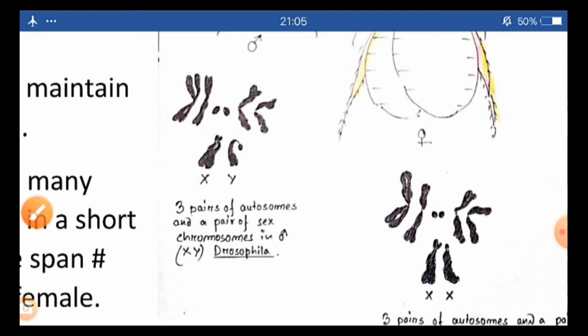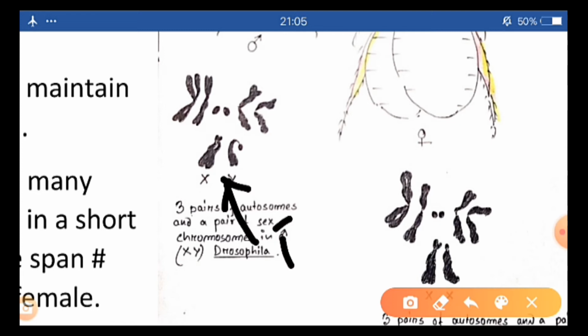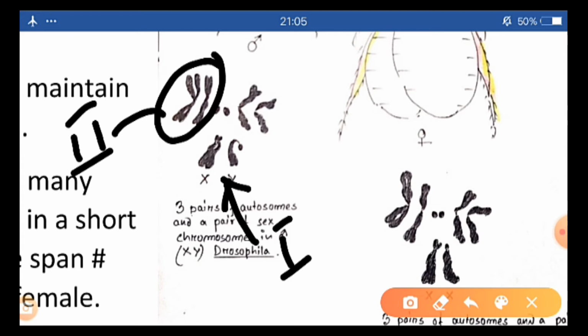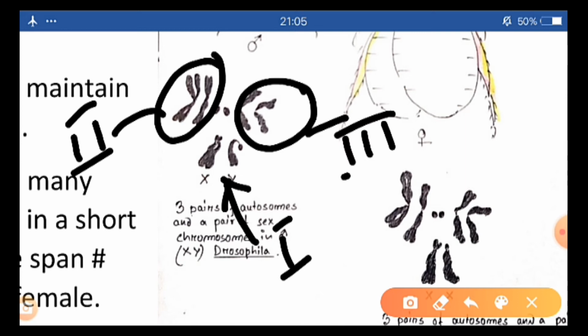Now if we number them, it will be like this. This pair is the first one, then it is the second pair, then third pair, and these two are the fourth pair.